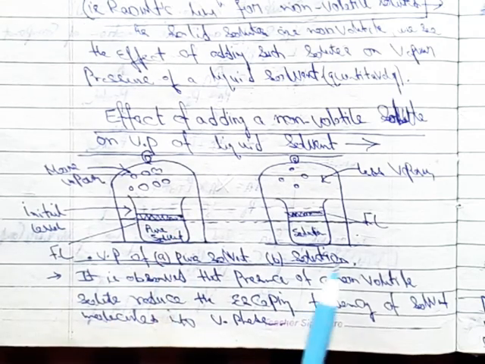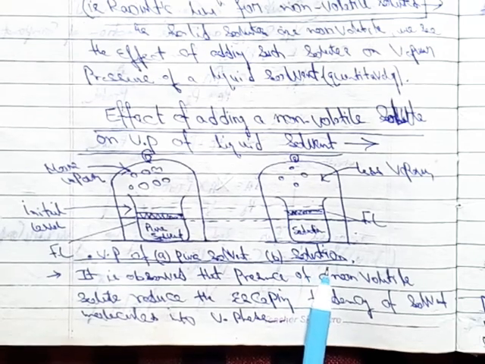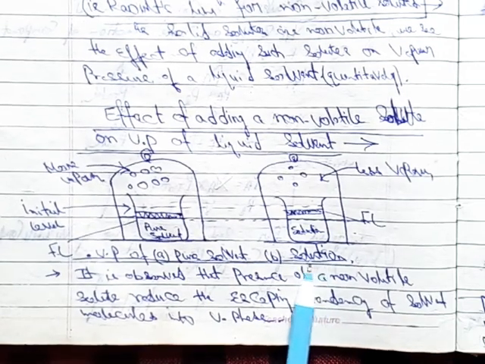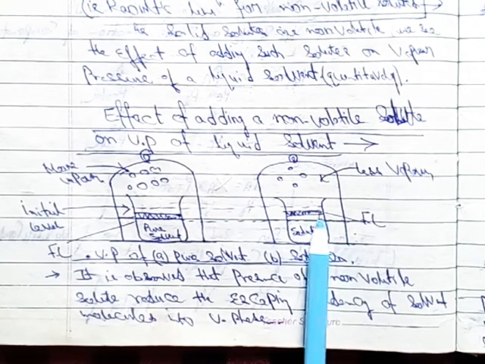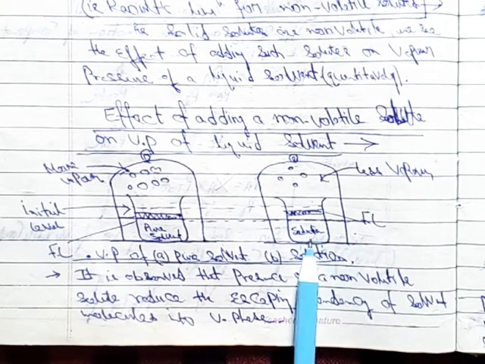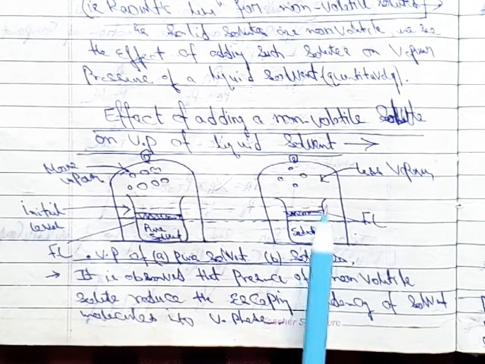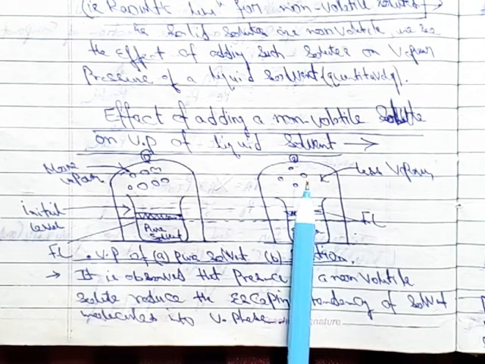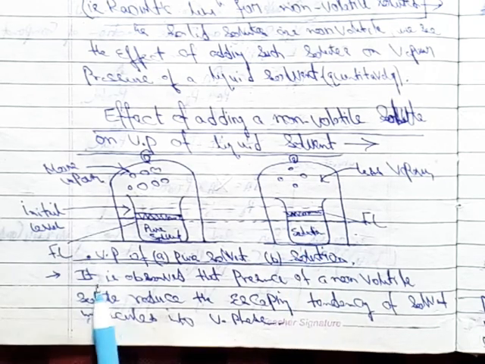In the second case, for the solution, the vapor pressure of a solution in which non-volatile solute is mixed, we see that the initial level is this, but the final level has decreased less, meaning less vapor pressure has been produced, less solvent is consumed, and less vapor is produced, after mixing the non-volatile solute.